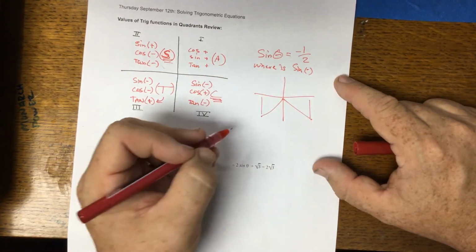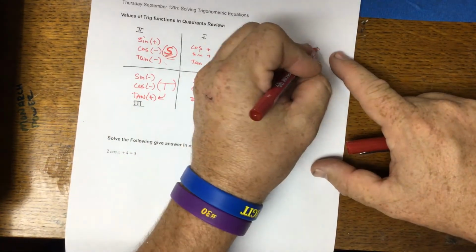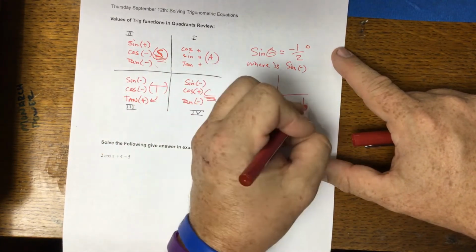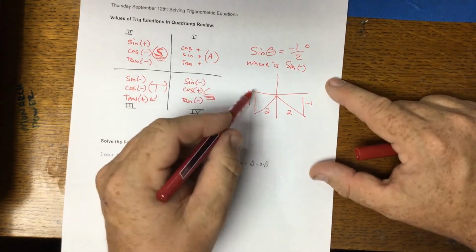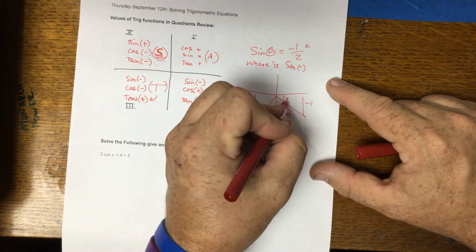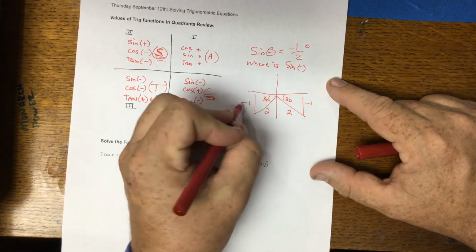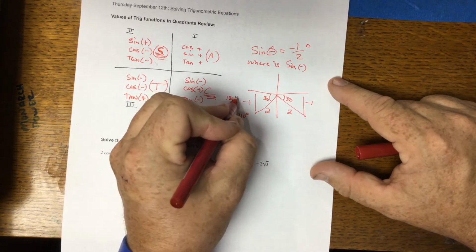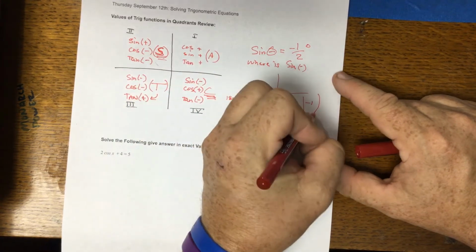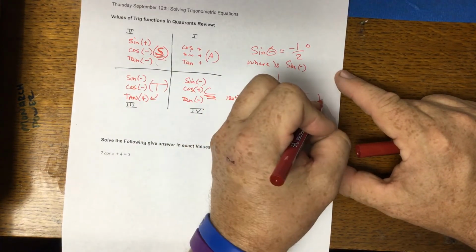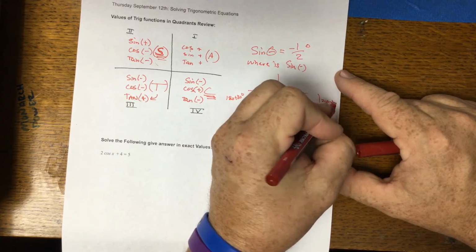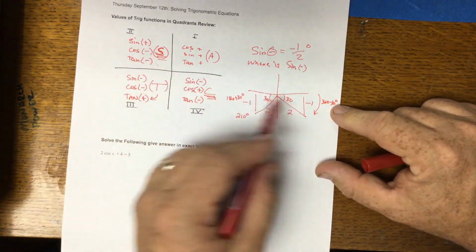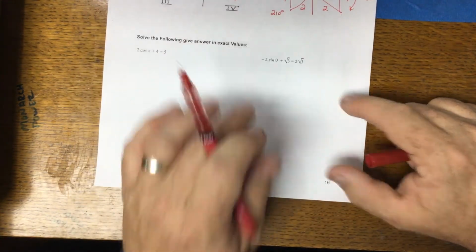So that's where I would be drawing my triangle with an opposite side of -1 and 2. That lets you figure out your angles because we have a 30-degree reference angle. So this would be 210 degrees because it's 180 plus 30, and this would be 330 because it's 360 minus 30 degrees. So just a quick review on where to find these things, because that's going to get us into this next piece here.